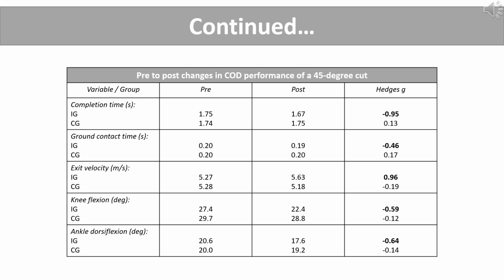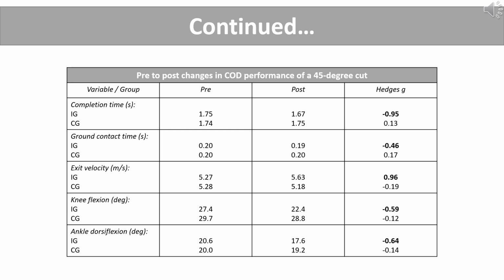So this is a table of results purely for the 45-degree cutting action. You can see that we've reported data for total time, or how long it takes them to perform the 45-degree cut, ground contact time, exit velocity, knee flexion and ankle dorsiflexion, and we've got data for the intervention group IG and the control group CG.